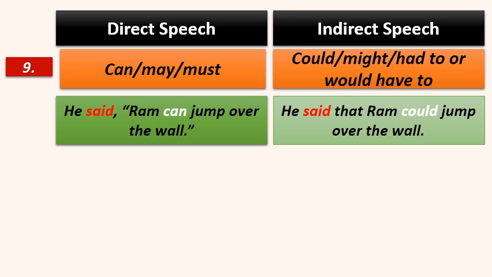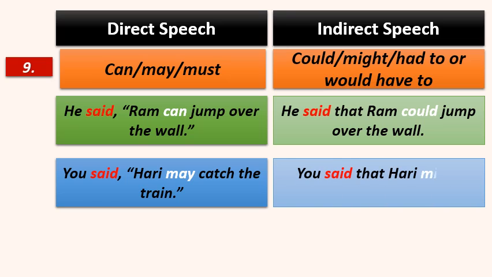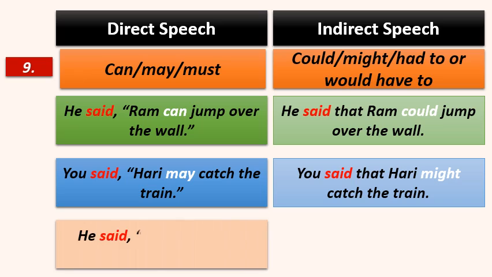Same with other examples also. Number 2. You said, "Hari may catch the train." So may becomes might in indirect speech. The sentence will be, you said that Hari might catch the train. Number 3.